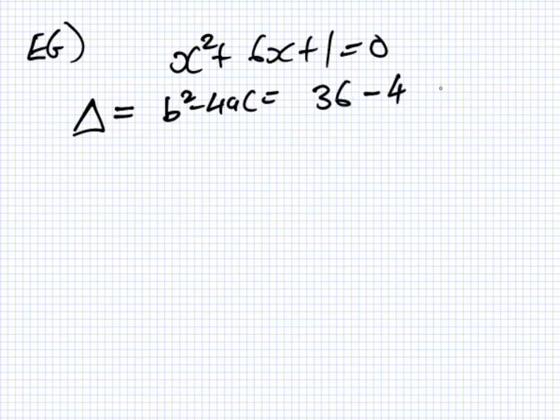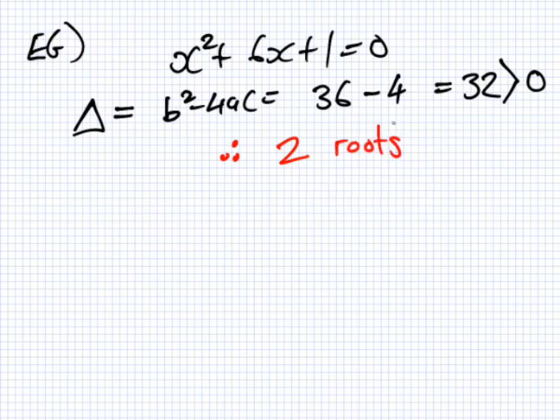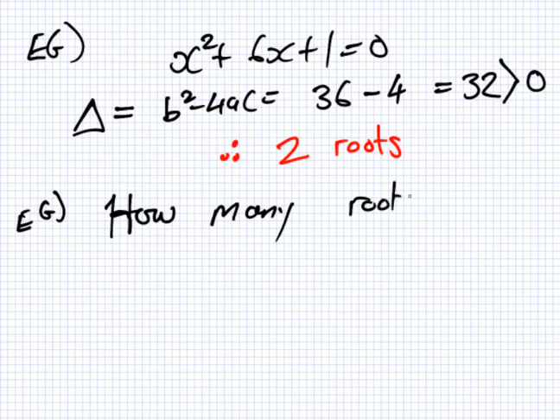Right, let's have a look at some examples. If you had a quadratic like this, and I ask you how many answers it has, you just need to calculate the discriminant, which here will be 36 minus 4, which is 32, which is positive.